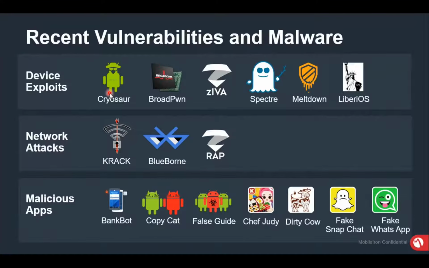And these are the recent vulnerabilities and malware, like device exploits, network attacks, and malicious apps. People might not know, or by accidentally installing these apps, they fall into the hands of hackers. A couple of months back, there was a fake WhatsApp being circulated.